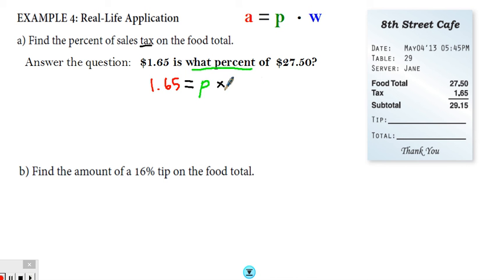Of means to multiply, and the whole is going to be $27.50. Way simpler, right? So then 1.65 is equal to 27.50p. To solve for p, we're going to divide both sides by 27.50.